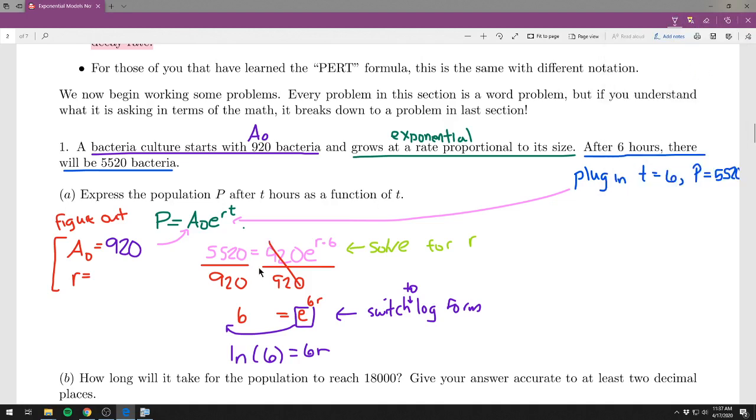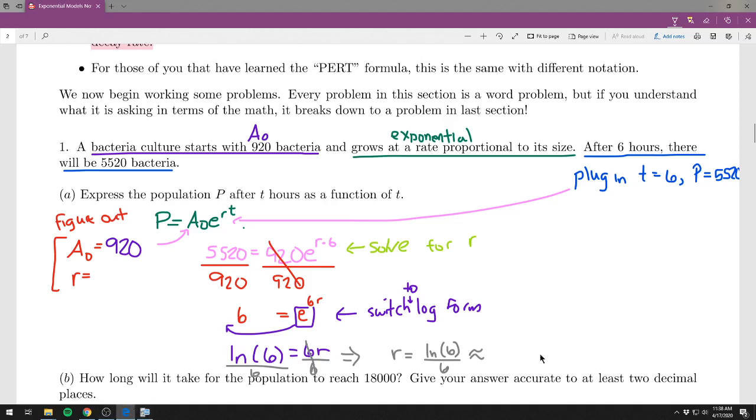And to finish solving for r, you divide by 6. So we go ahead and divide by 6, and we get r equals the natural log of 6 over 6. Right, this is the exact answer. You could use it as r if you want, or you can type this in your calculator and get a decimal. It's totally up to you. The homework problems will give you specifics.